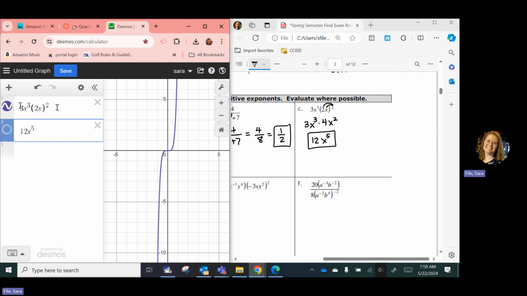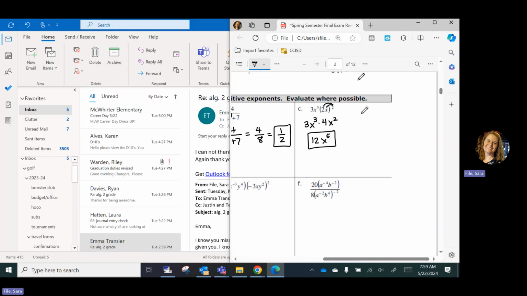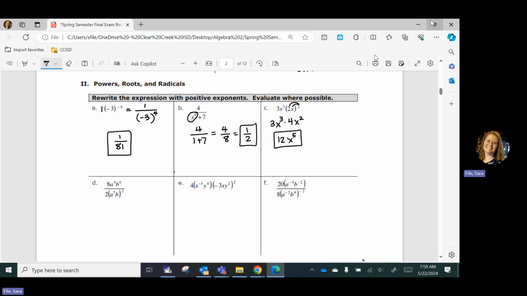Type the way that it's originally written, type in your answer choices, and see which one is the exact same graph as the original expression. Does that make sense? So even with just simplifying, you can check it with the graphs. All right, let's see here.